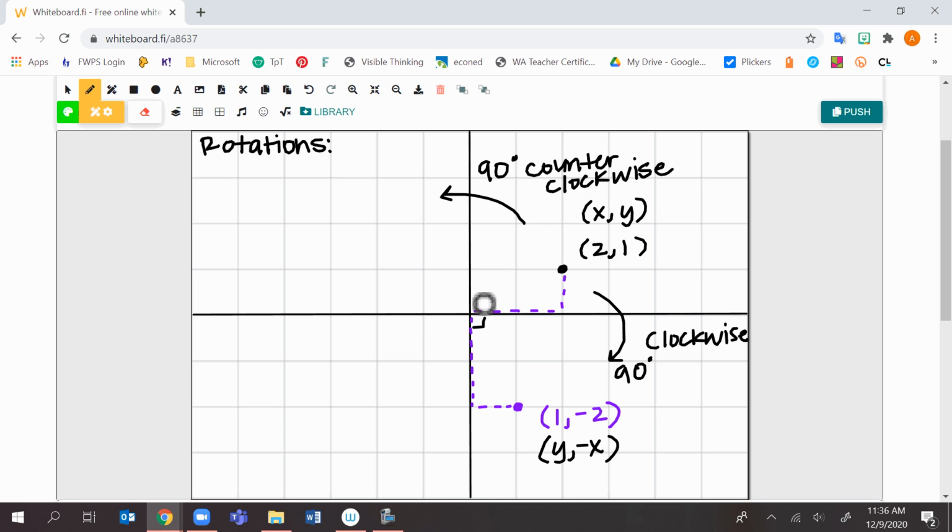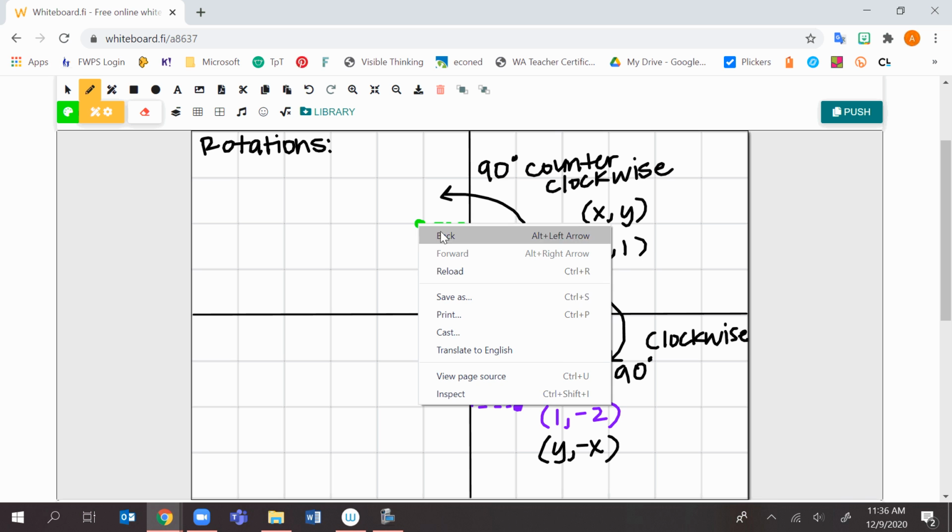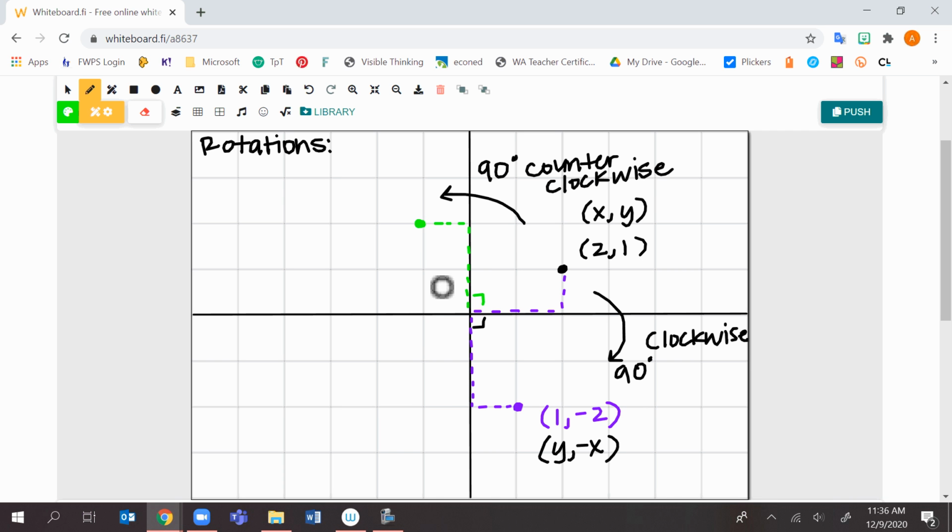So 90 degrees again, I will have this here in order to show that I am moving 90 degrees. My long horizontal line is now going to be facing upwards on my y-axis, and then it's going past this way. So here's my new point, and this new point is at -1, comma 2.